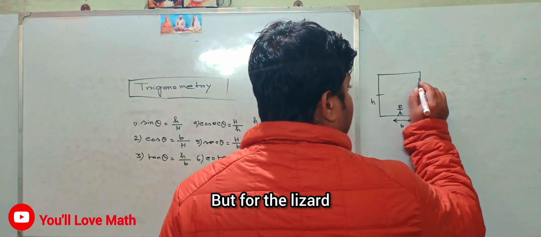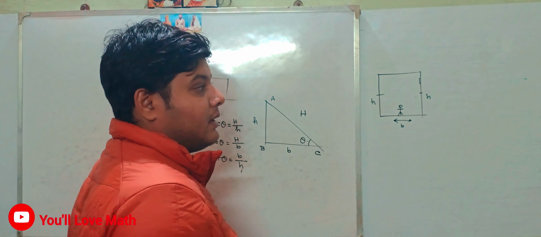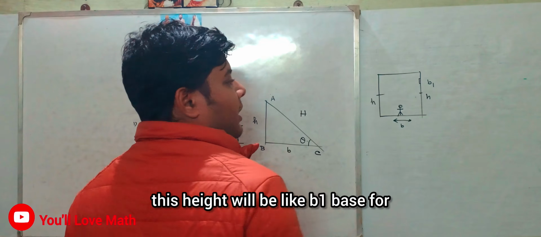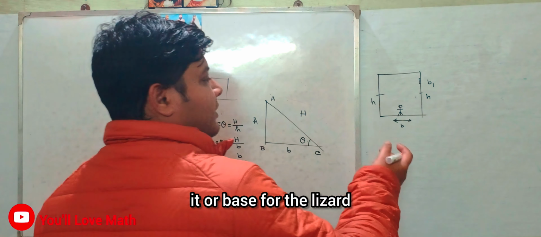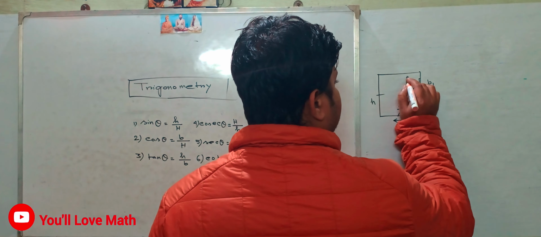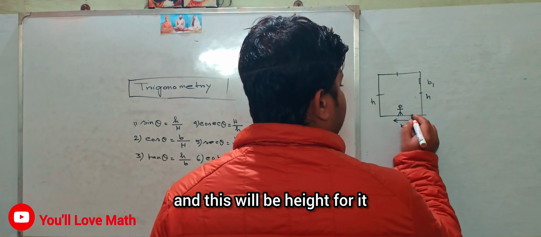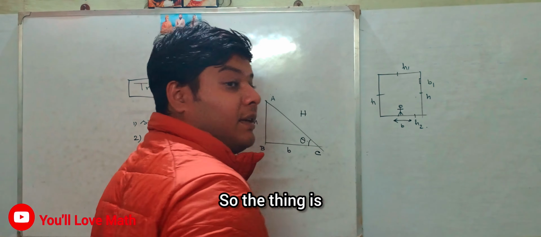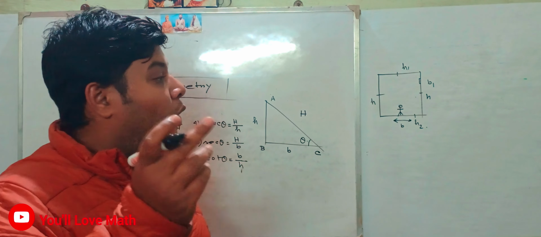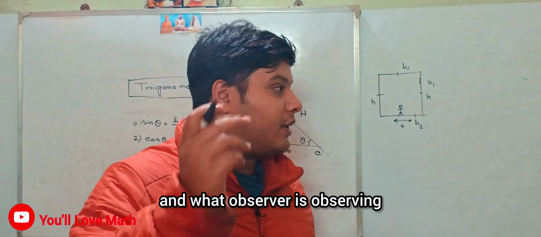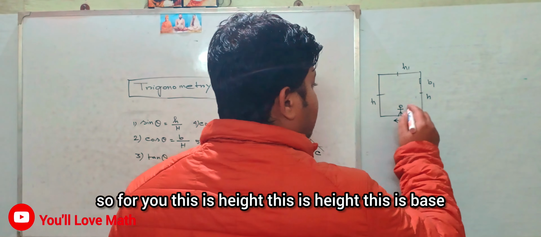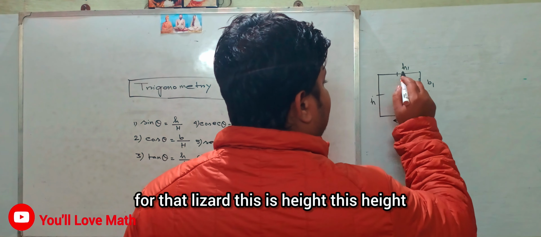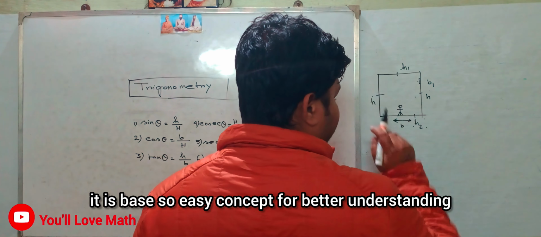But for the lizard, this will be its base, and it will see this as height, like h1 and h2. So it depends on the perspective, on who is observing and what the observer is observing. For you this is height, this is base. For that lizard, this is height, this is base.